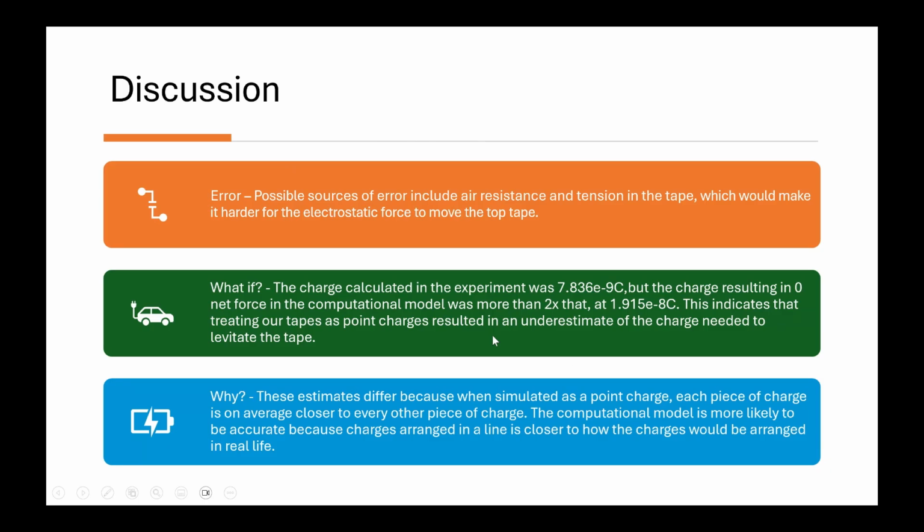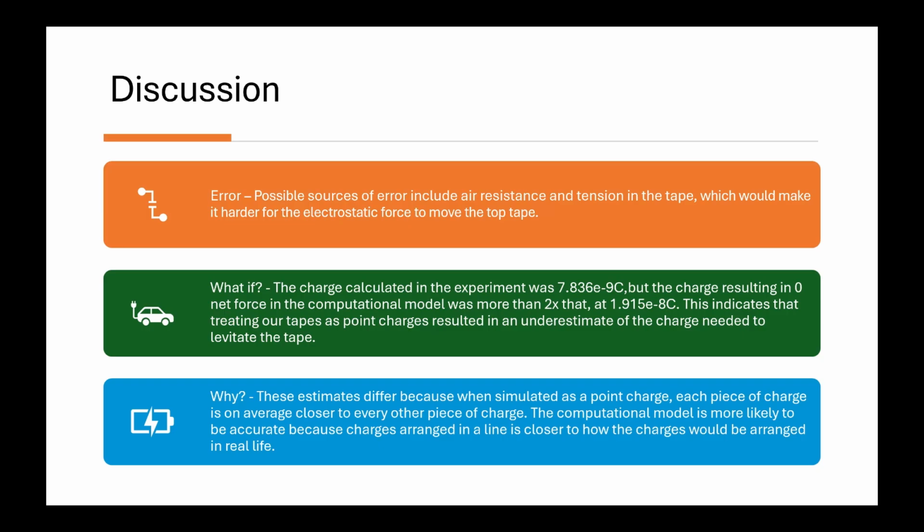The charge calculated in the experiment was 7.8 nanocoulombs, but the charge resulting in 0 net force in the computational model was 1.915 times 10 to the negative 8th coulombs, meaning the assumption we used treating our tapes as point charges in Lab 1 resulted in an underestimate of the charge needed to levitate the tape.